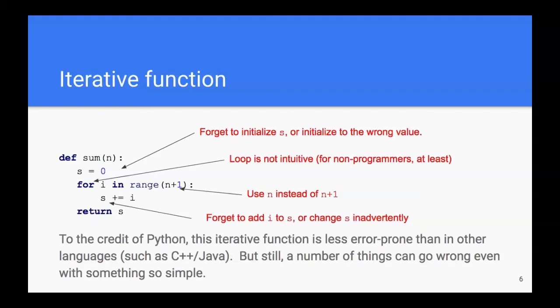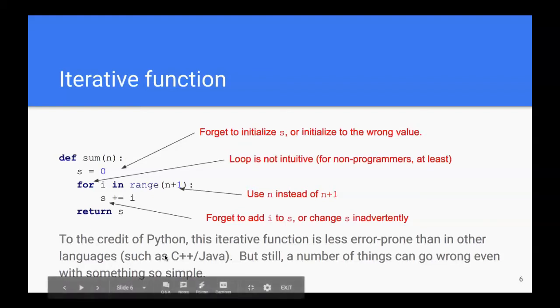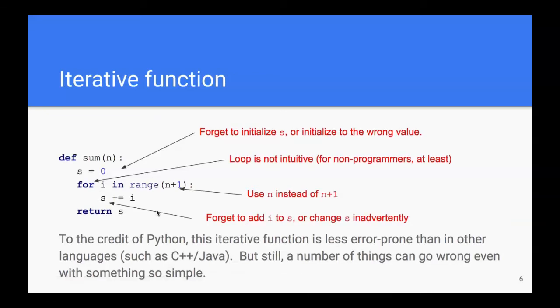But having said all that, in Python, this iterative function is less likely to go wrong than maybe some other languages. So if you have done C++ or Java, the for loops in those languages are, shall I say, much worse syntactically than the Python for loop.